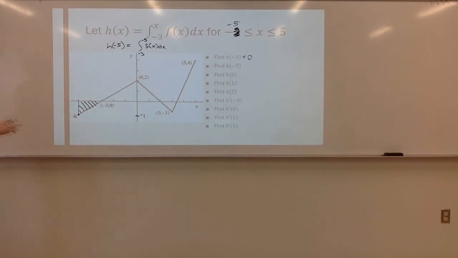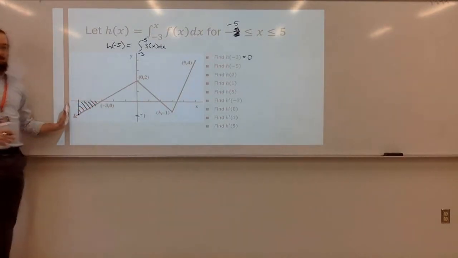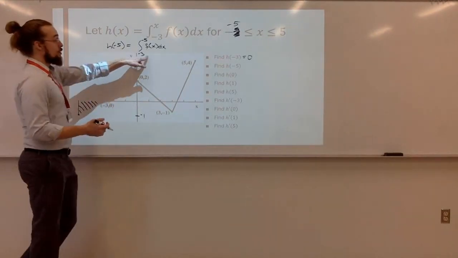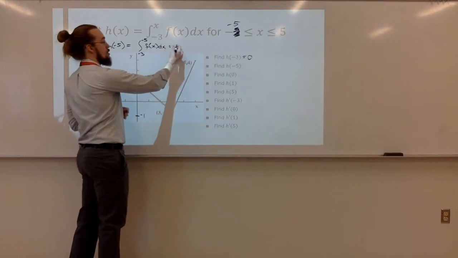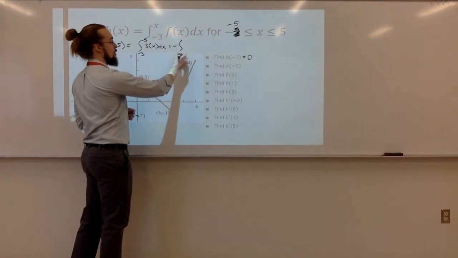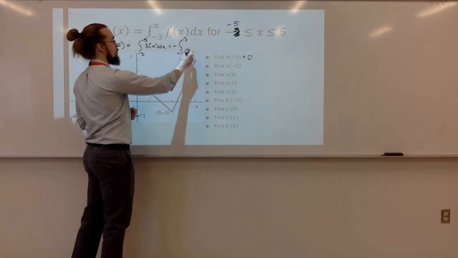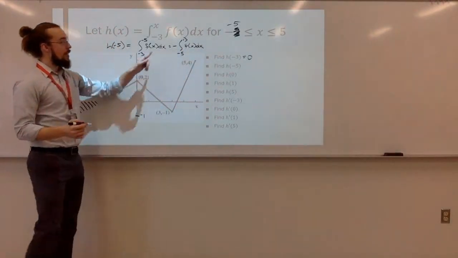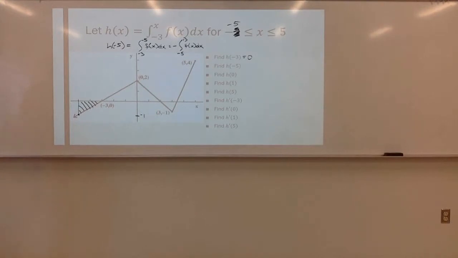It's positive because I'm going backwards. It's like a double negative. We could change this and say this is the same as the opposite of the area from -5 to -3 of this function. So then I would have negative area.